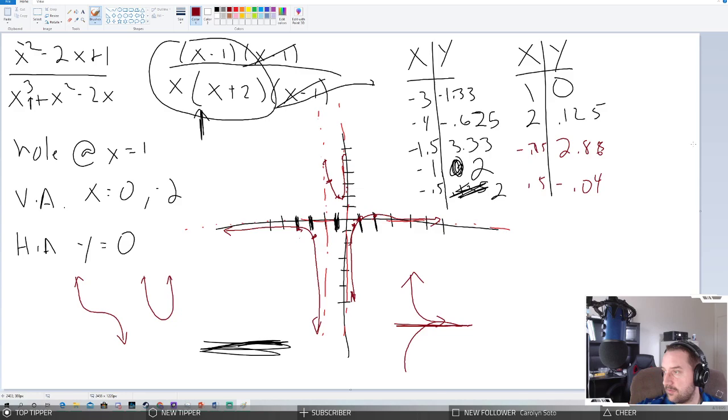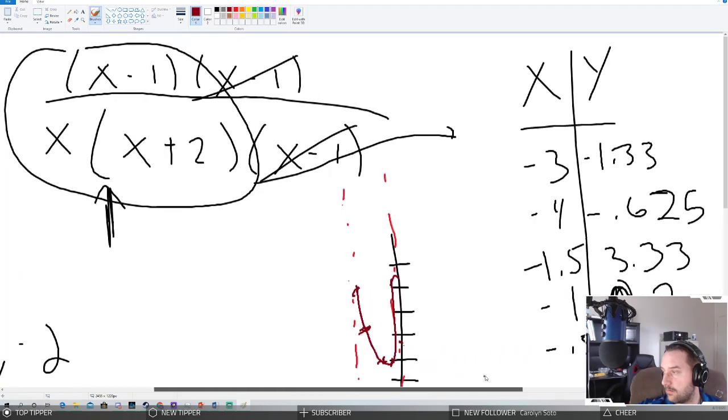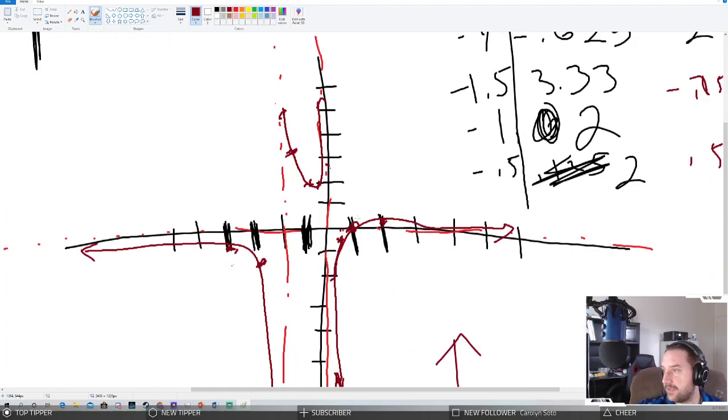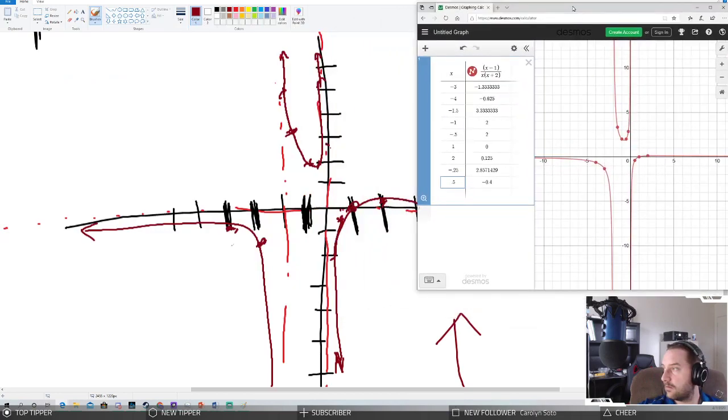Let me see if I can zoom in a little bit here. Now I know my graph is a little messy. This is going to go up. This is going to go up. So it's going to cross and it's going to approach. Now let's look at Desmos. So here's correct.